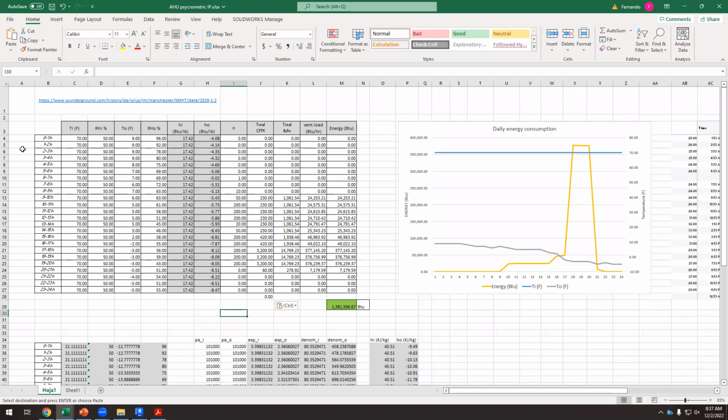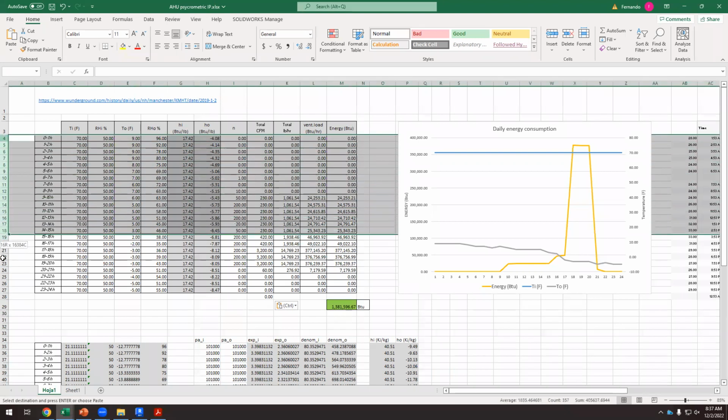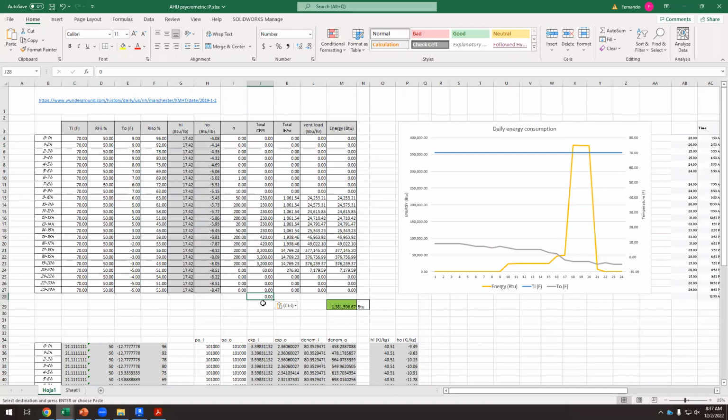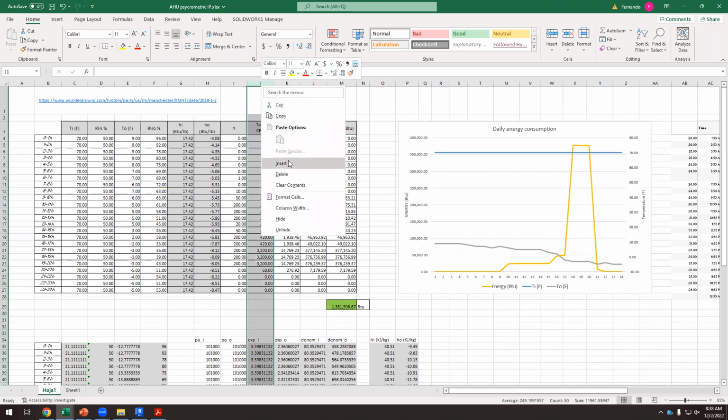Okay. I remember that there were only 23 rows here. There should be 24, but it doesn't matter because one of the rows is 0. But here I have the total CFM. I can always add another row here if I want to do it correctly.